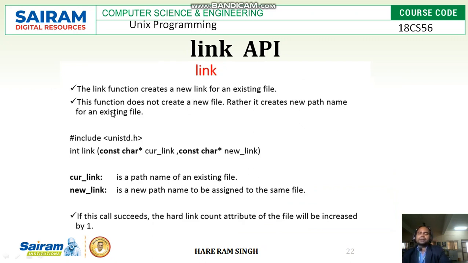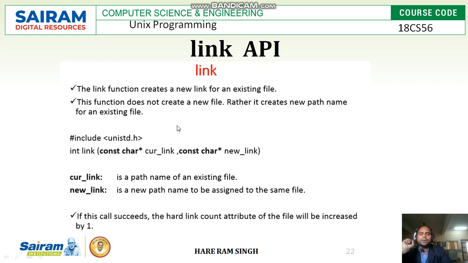Next one is the link API. We must have studied the hard link and soft link. The link function creates a new link for an existing file. Creating a link is nothing but creating another address of an existing file to access.